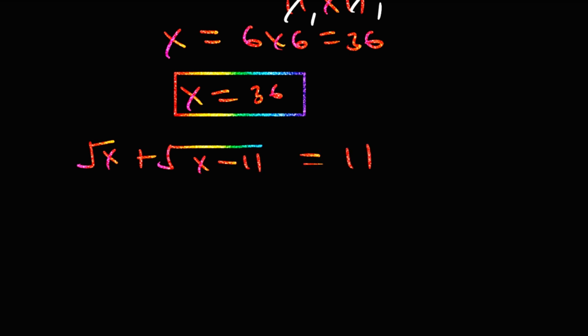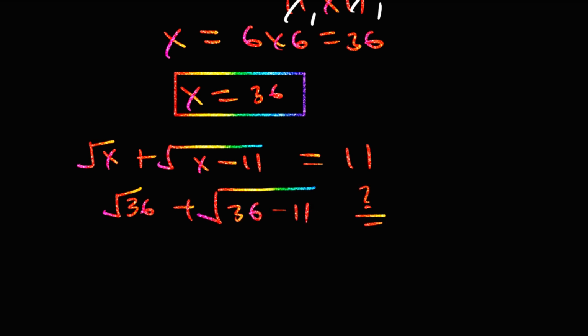So when we take the value of x to be 36, you have root of 36 plus the root of 36 minus 11, and we want to check if that actually gives 11. So root of 36 is 6, plus here we have the root of 36 minus 11, that is 25.